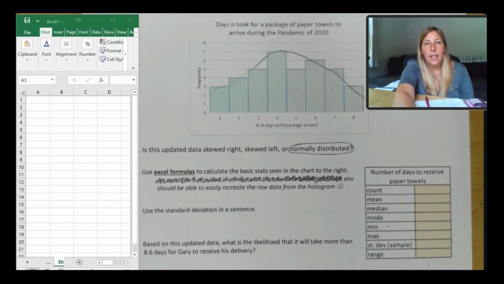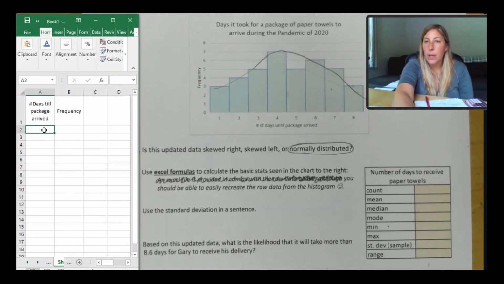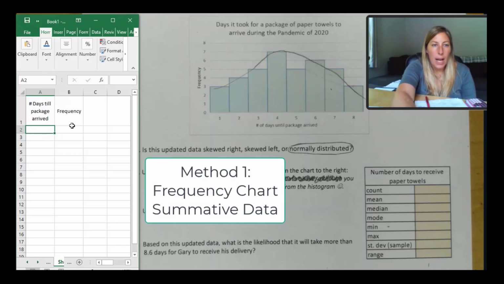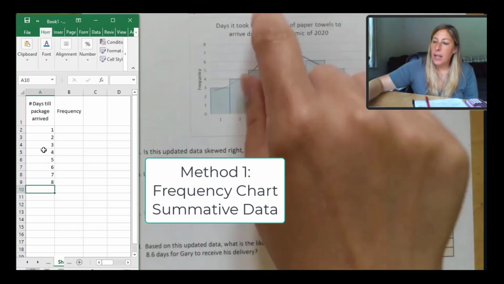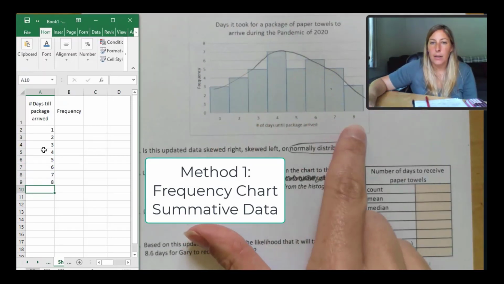All right, so once I get Excel open, I can go ahead and put my data in there. There's a couple different ways I can put my data in. Let's determine which way is the easiest. I can make a frequency chart. If I make a frequency chart, the number of days till package arrive would be 1, 2, 3, 4, 5, 6, 7, or 8. And I'm getting that just from the x-axis here, right?